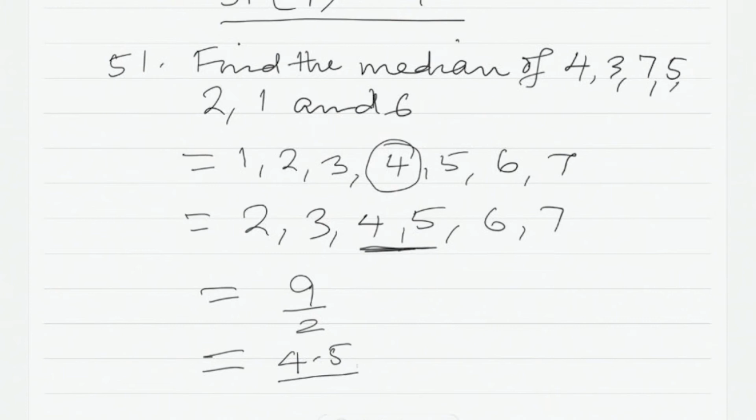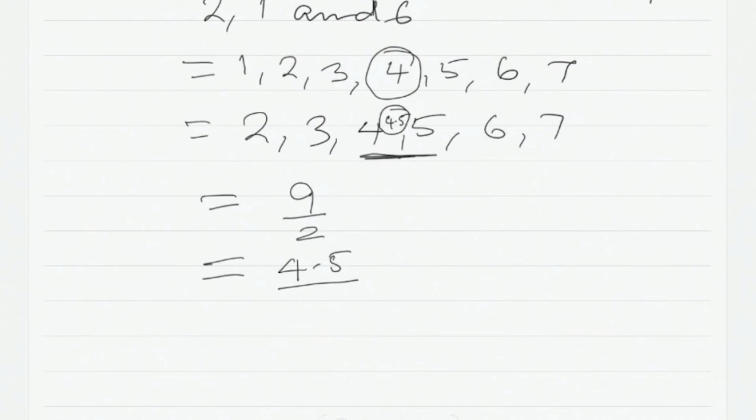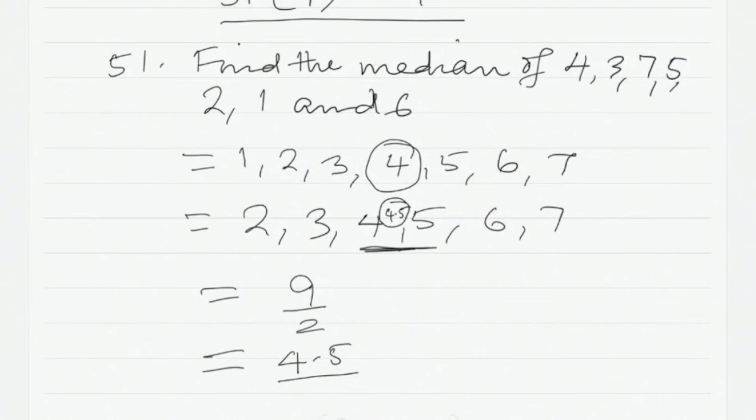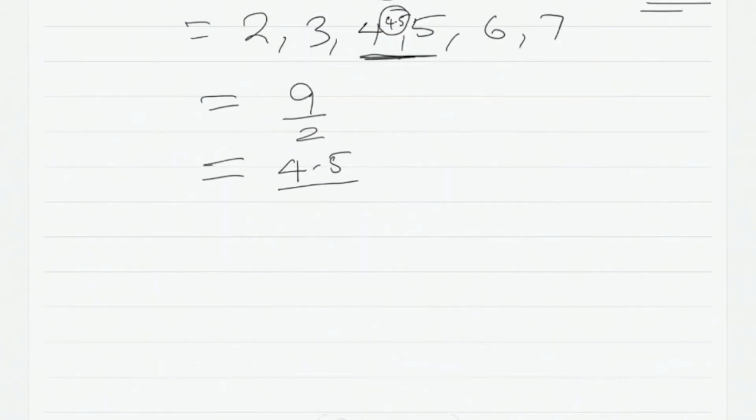However, in these questions we were given the exact numbers, 3 on the other side, 3 on the other side, and 4 came out to be the median. So the answer is actually 4 as the median.